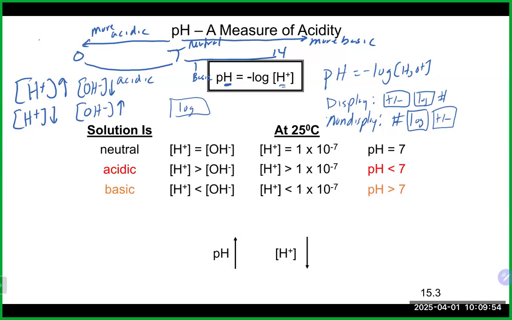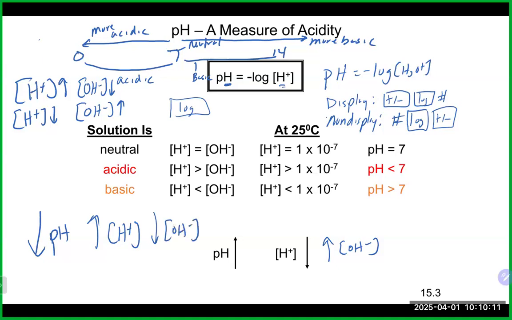The pH goes up as the H plus concentration goes down. And again, that is because at that point, the OH minus is going up. And vice versa, the pH will go down as the H plus concentration goes up and the OH minus concentration goes down. So again, those are the relationships there.